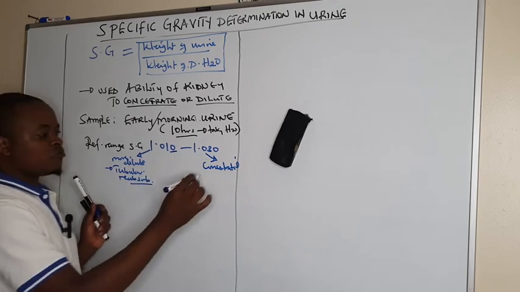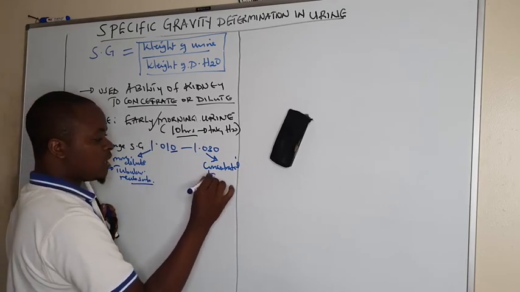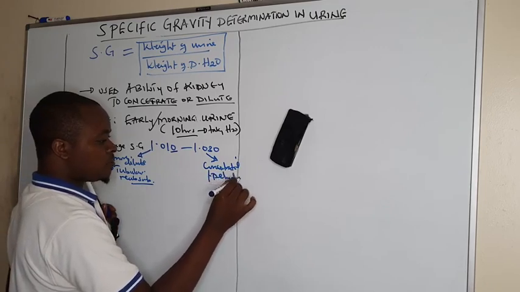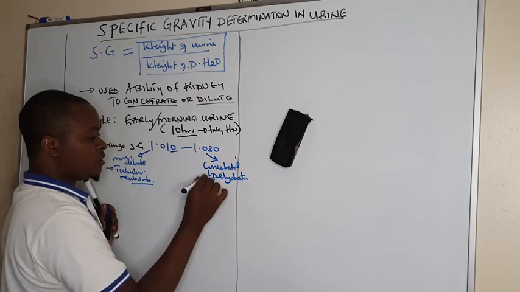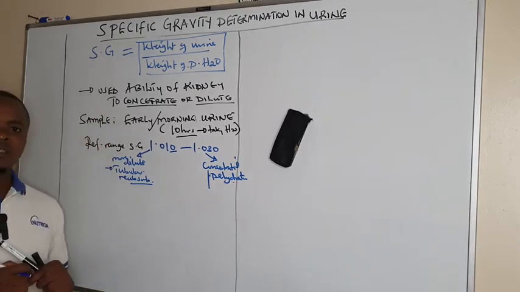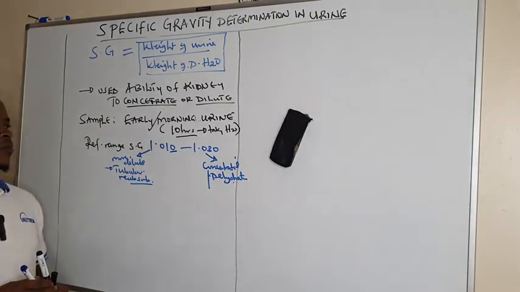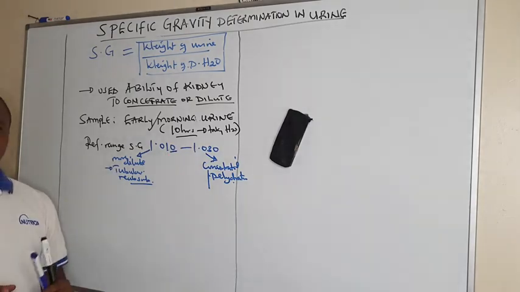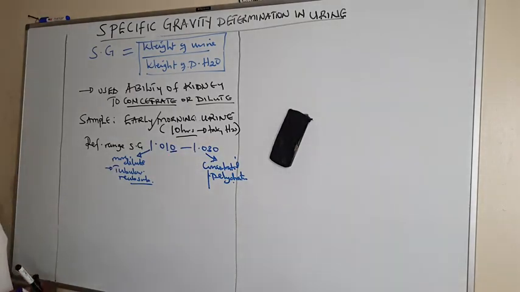And if it is concentrated, we can suspect dehydration. Dehydration can be one of the factors we suspect whenever you're consistently having a specific gravity greater than 1.030.